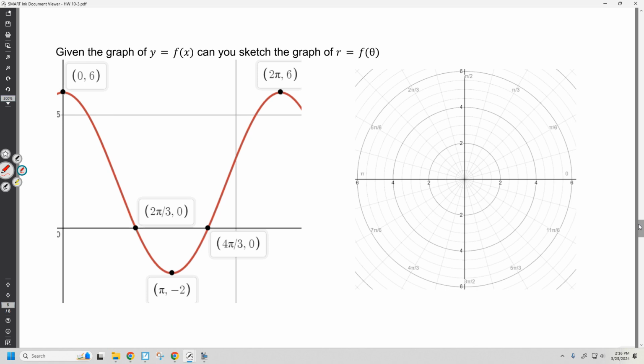Again, this is an x and a y, which corresponds to an angle and a radius. See if you can do it. Angle 0, radius 6. Please just start in the right spot.